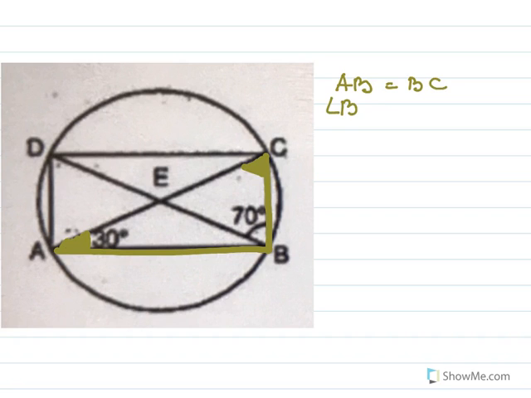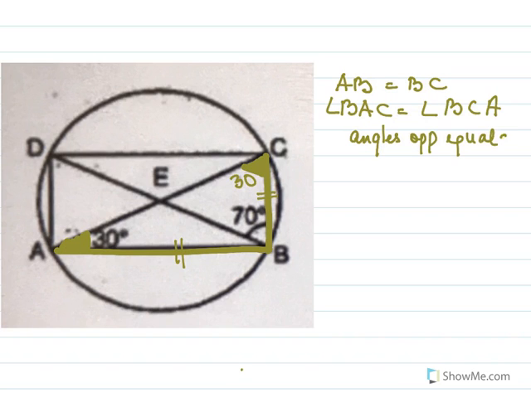So angle BAC will be equal to angle BCA. So if this is 30, this also will be 30, because they are angles opposite equal sides. Reason: angles opposite equal sides. So we got angle ACB is also 30.